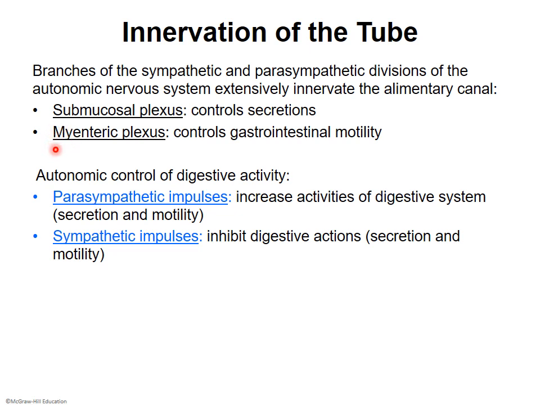Now remember, my means muscle, so you should have an idea that the myenteric is going to be about the movement of the GI tract, or the alimentary canal. The submucosal plexus is going to be controlling the mucus and the different hormones and enzymes that are going to be produced. So this is going to be moving things along and mixing things up. This is going to be in charge of controlling the secretions that are going to be put into it. Remember again, parasympathetic is going to increase the digestive system. Sympathetic inhibits the digestive system.